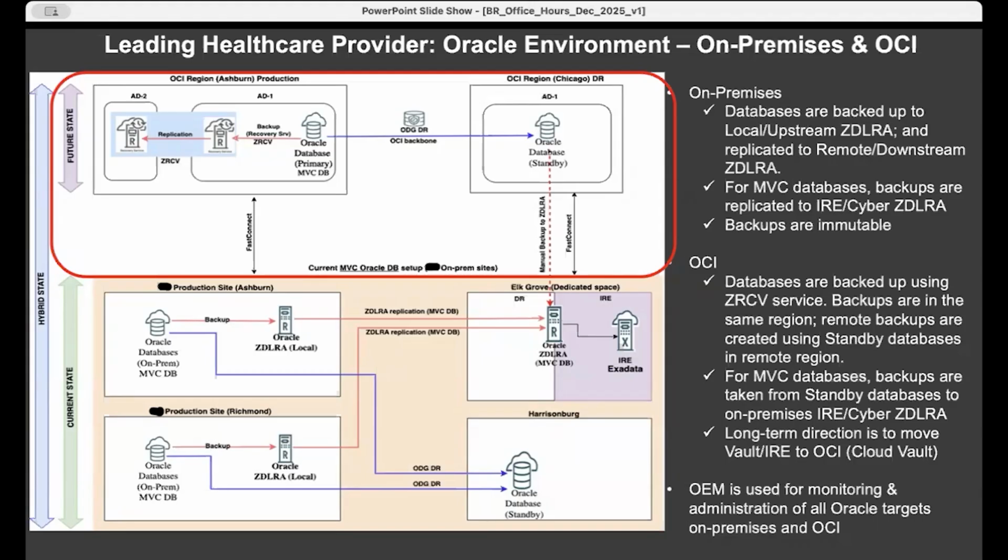If I can interrupt and highlight three things here, thank you for going into detail. Looking at this picture, I hope the participants are able to follow, and if they have any questions, we'll be happy to answer. What you highlighted before was our on-premises solution.